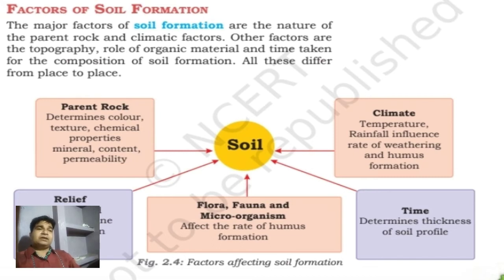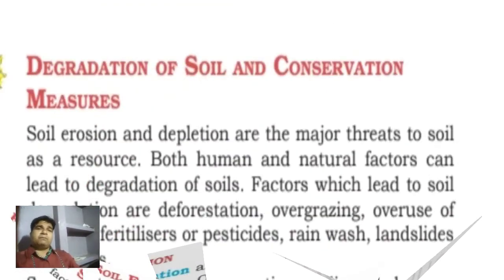Time also plays a vital role in soil formation. So these are the major factors of soil formation: parent rock, flora, fauna and microorganisms, climate and time. And they differ from place to place. In some places it may be of one kind, in other places it may be of another kind.